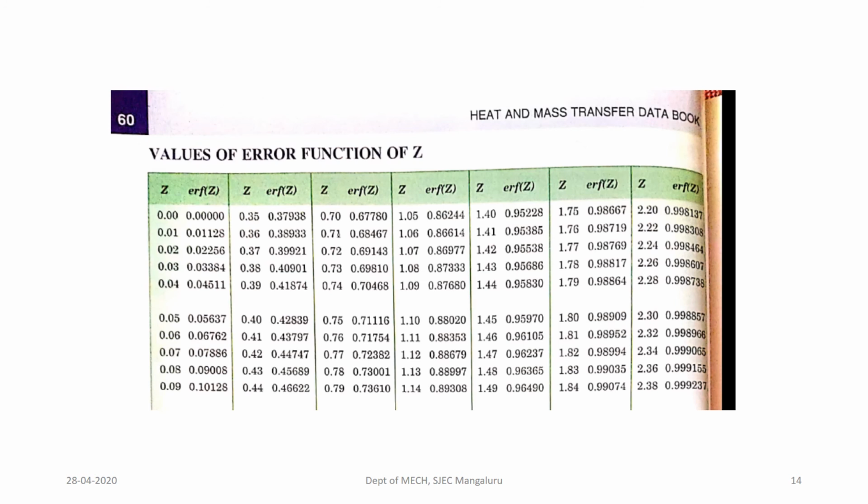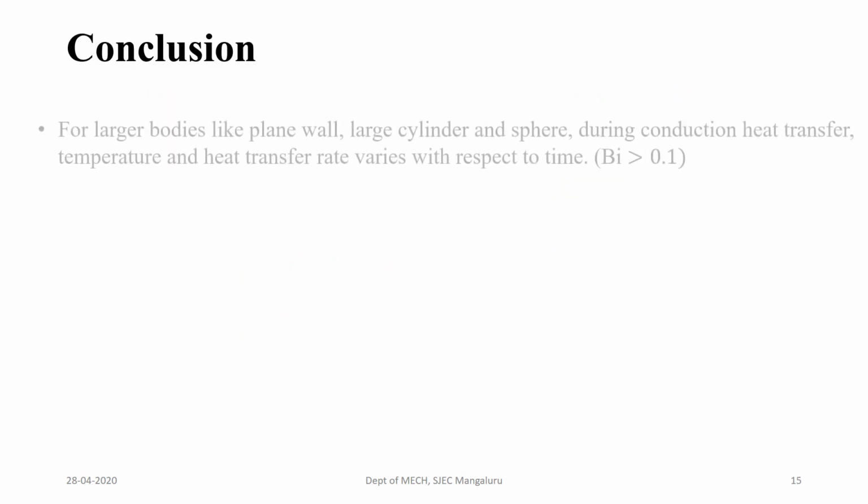If you know the value of z, the corresponding error function you can find, or if you know the error function, the corresponding z you can find. This is called semi-infinite solids. So the Earth surface is a very good example. Correspondingly, we have other examples like very thick slabs used in heat treatment, which can be considered as semi-infinite solids. So with this we have come to the end of this session.